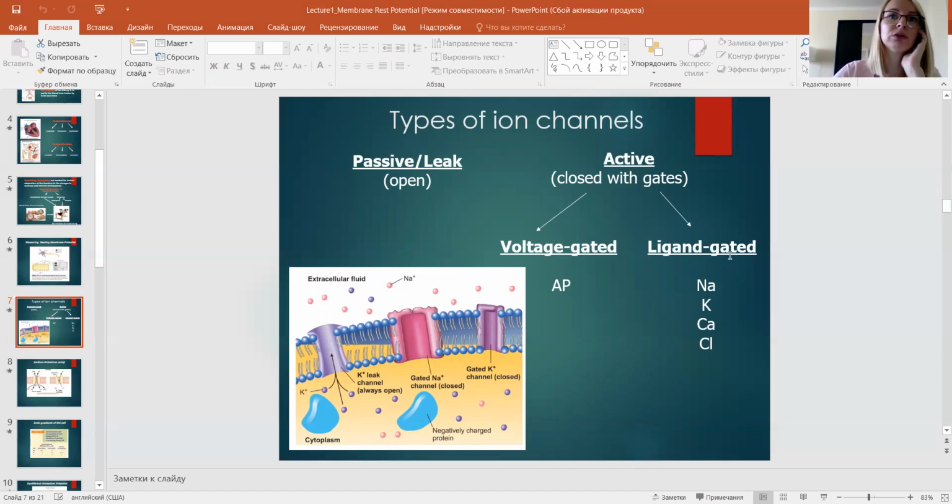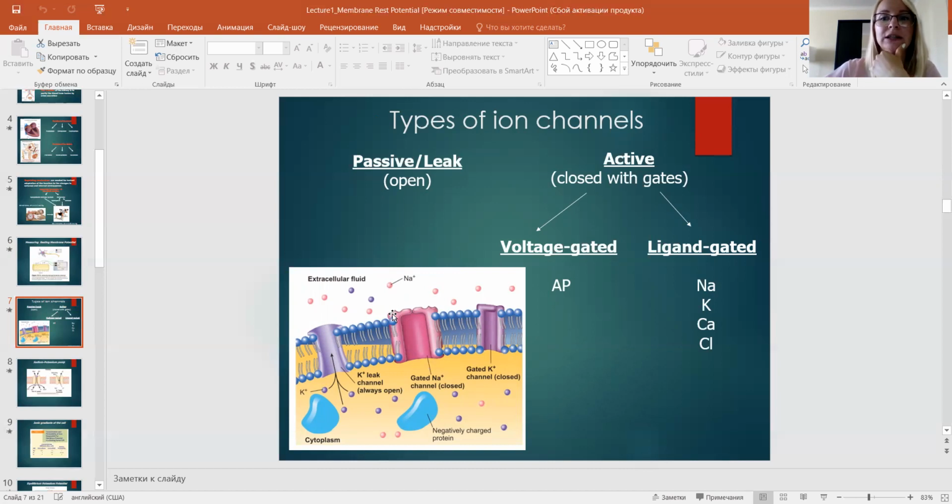For example, the neurotransmitter acetylcholine released from the presynaptic terminal of the neuron is a chemical signal that can bind to a ligand-gated sodium channel in the membrane of the muscle cell. As a result, the sodium channel opens, allowing sodium to enter the cell.